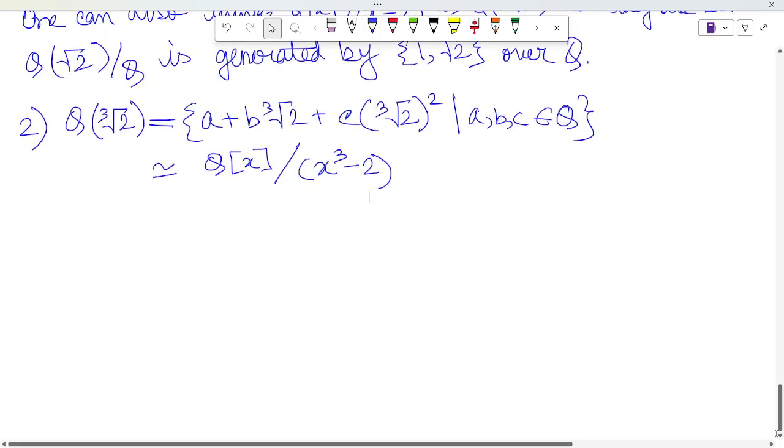Obviously. Okay, it will be, no problem. It will be, because of that same formula.